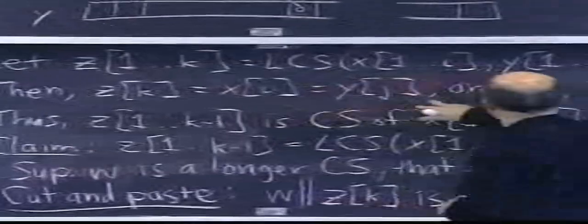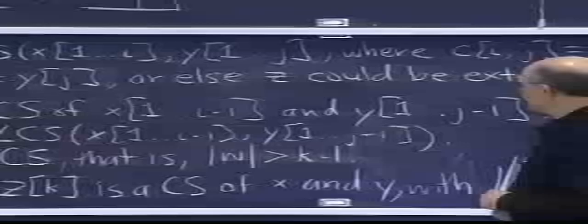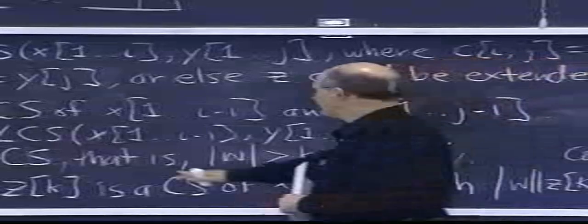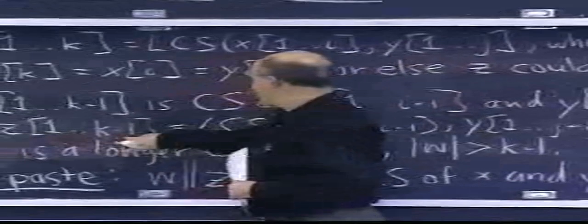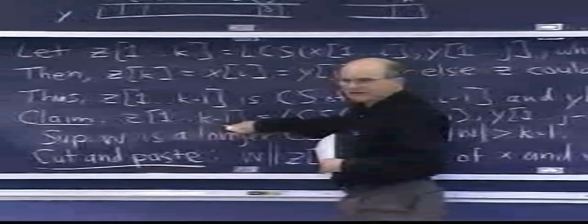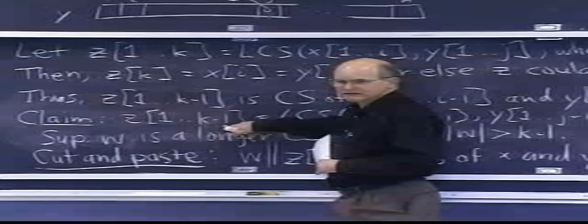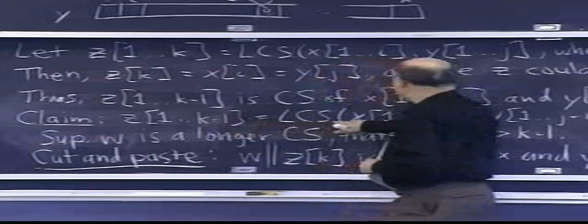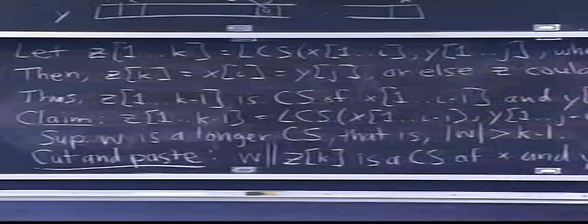If the last character is equal, then in fact the first k minus 1 characters of that subsequence are a solution, an optimal solution to a subproblem.